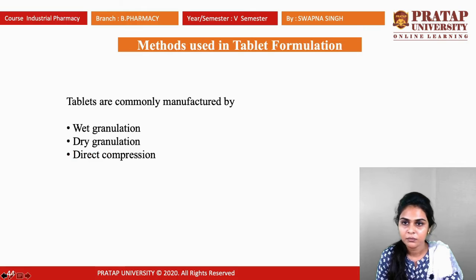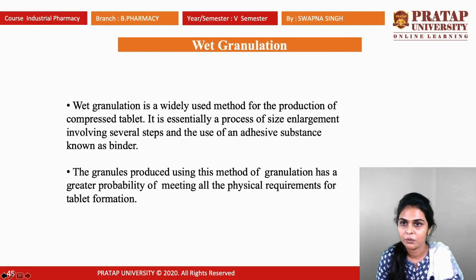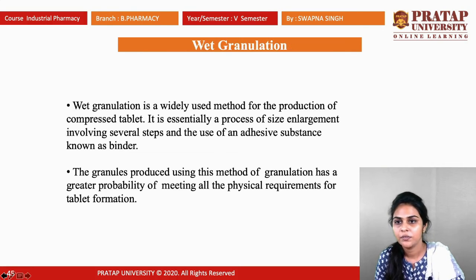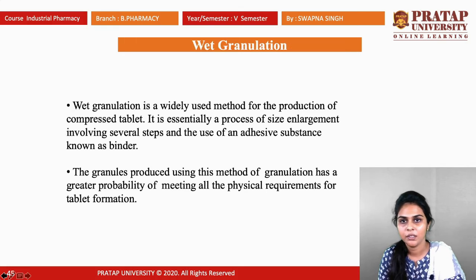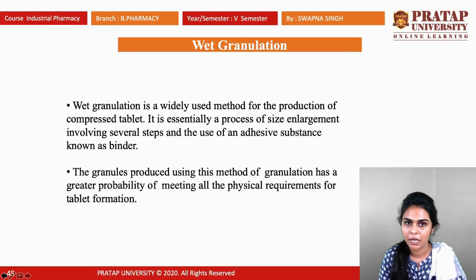Tablets are commonly manufactured by three methods. The first is dry granulation, the second is wet granulation, and the third is the direct compression method. Wet granulation is the most widely used method for the production of compressed tablets.